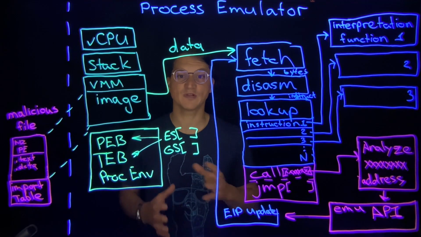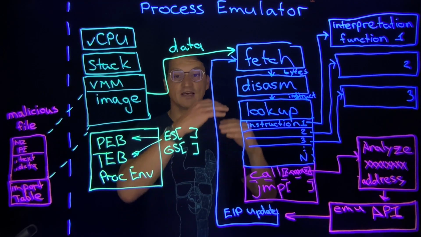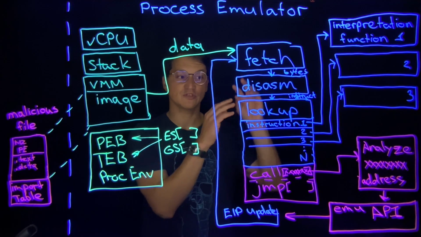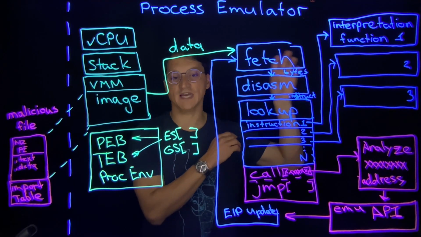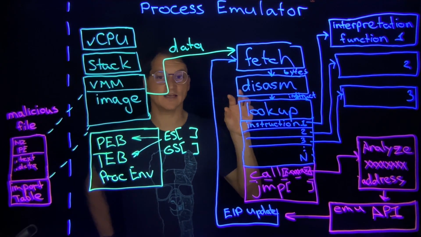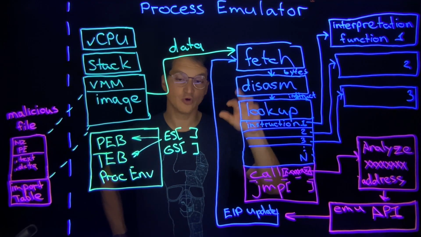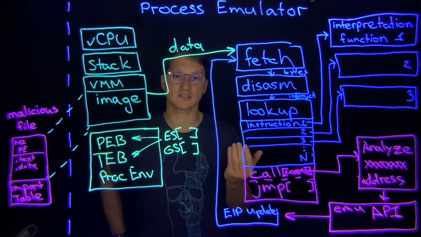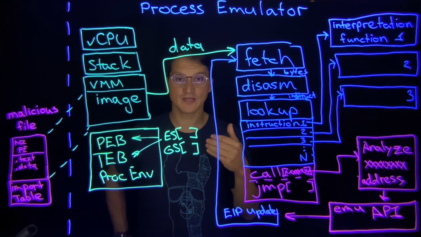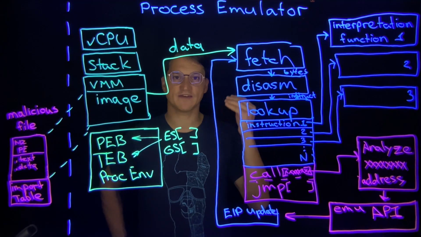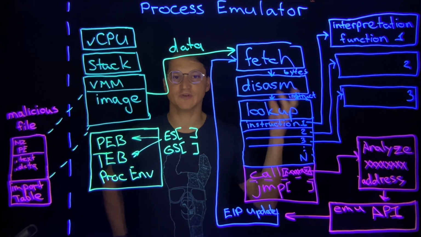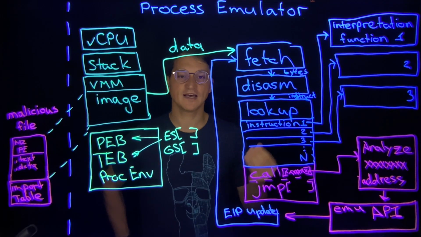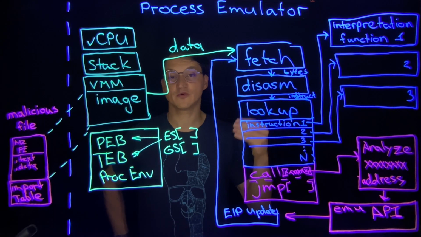It means the emulator would need to contain the list of APIs and also an interpretation or emulation function for every API. And those emulation functions would need to know the parameters, and would need to know what to return, because depending on the function, it might be fully emulated or partially emulated, or just have a very simple stub which doesn't do anything and just returns 0 in some cases. It also has to know what the return values are.